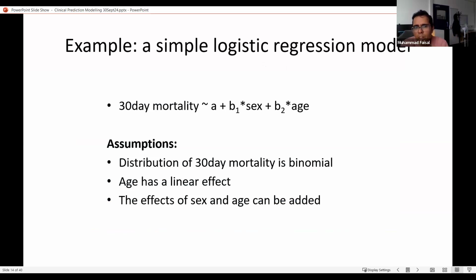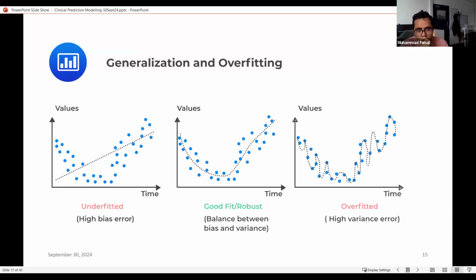The outcome is mortality, and the predictors are gender and age. Then we give this to a machine and ask it to build a model, and as an input and output, it will give you some output. But then its output could be complicated.